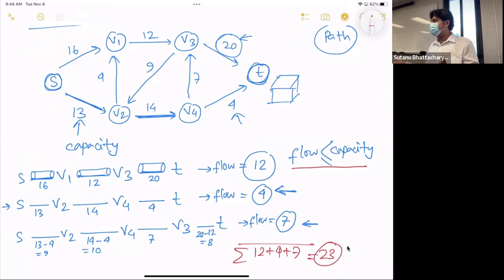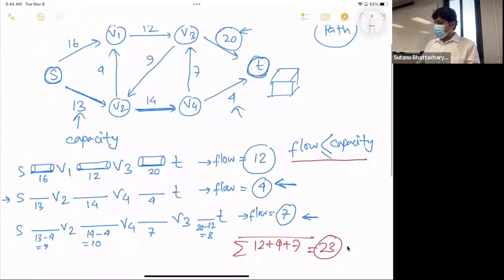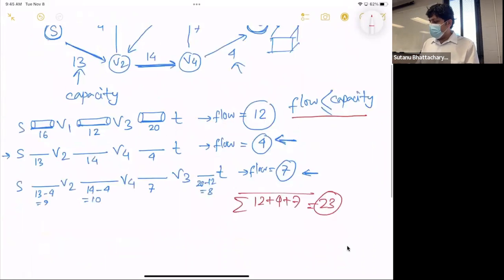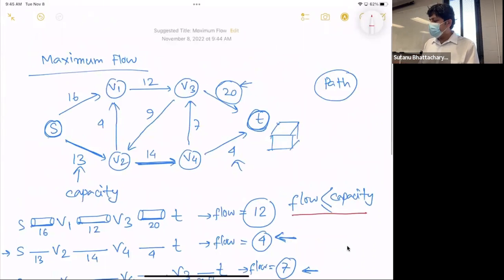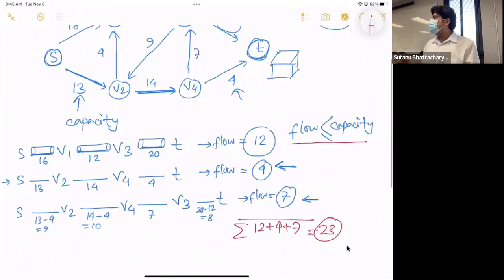It makes sense, right? Next, here we have assumed that a particular node, maybe you may think V3 or V2 or something, whatever amount of liquid they intake, they will not reserve anything with it.